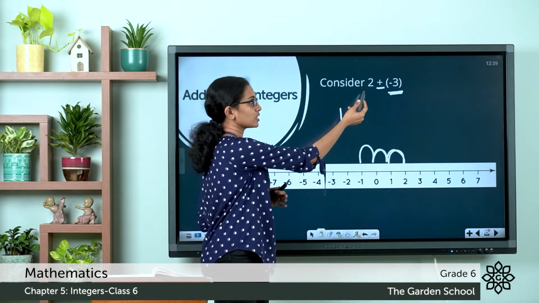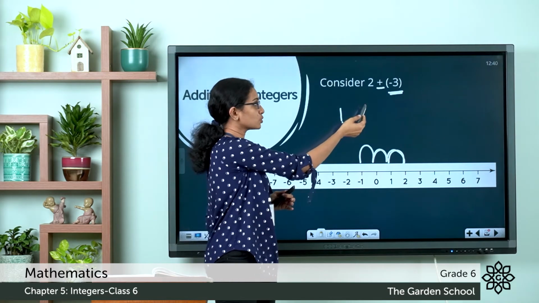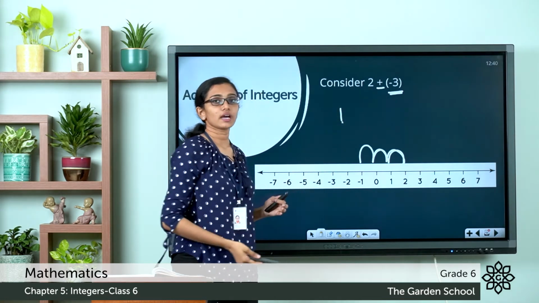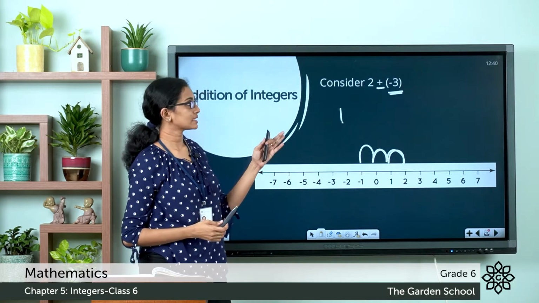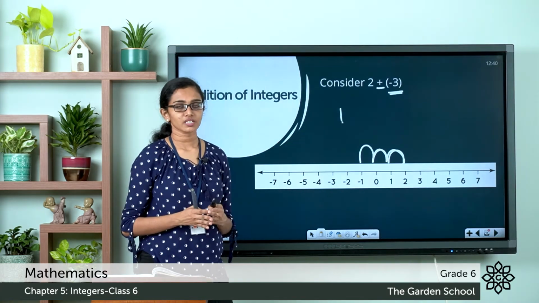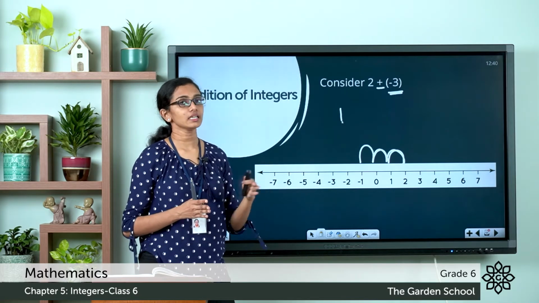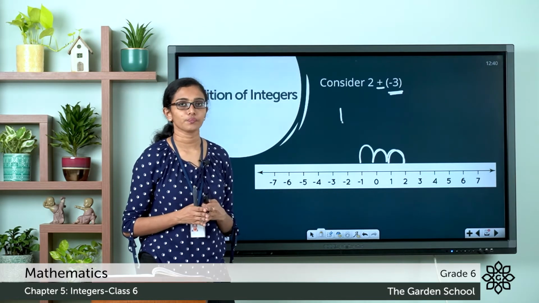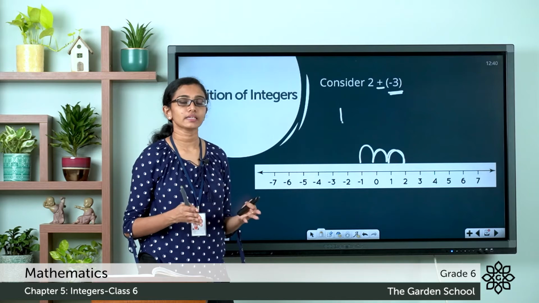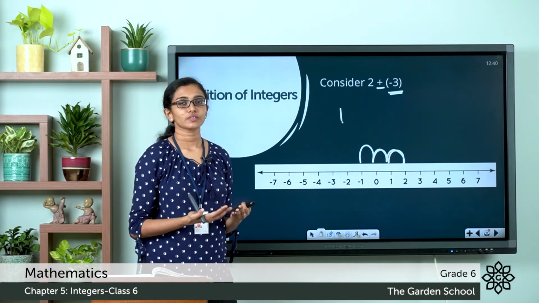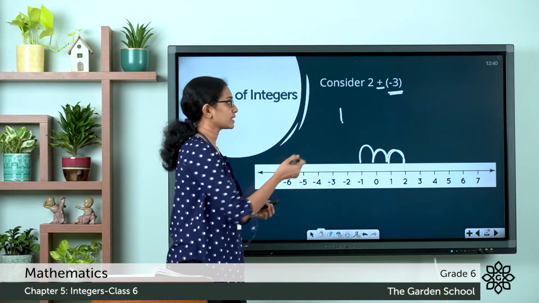Here the numerical value or the absolute value of 2 is 2 and the absolute value of minus 3 is 3. So which has got the greater numerical value? Minus 3 has got more numerical value. So what is the sign of minus 3? It is negative. So for the answer you have to put that minus symbol.